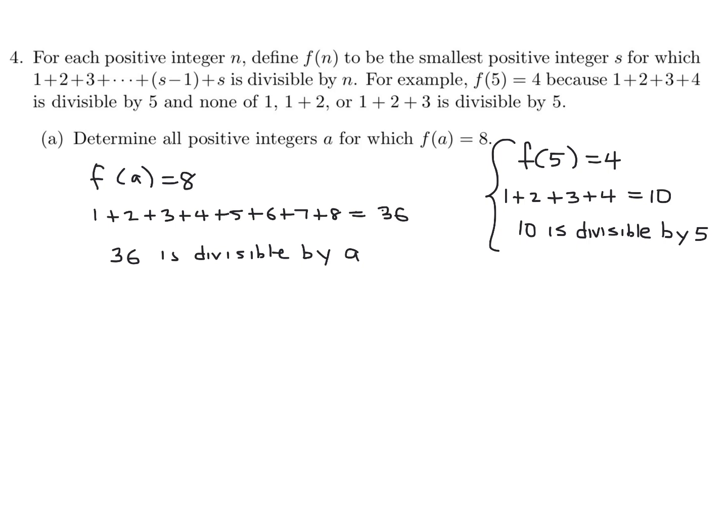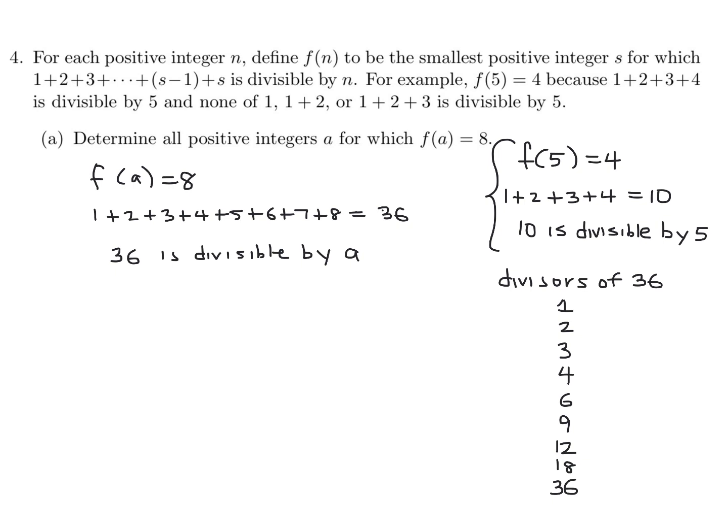So we have to figure out what is a. Well, 36, it's pretty easy to figure out the divisors. The divisors of 36, let's see here, we've got 1, 2, 3, 4, 6, 9, 12, 18, and 36.